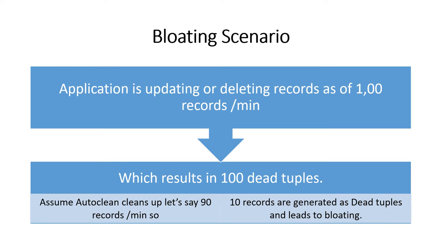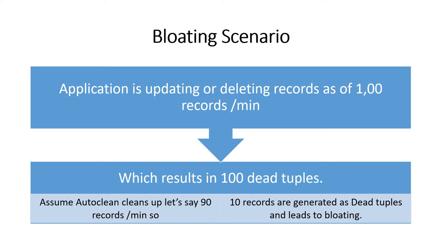Let us see a bloating scenario, how actually it happens. I'm just taking the same example again. Our application is trying to update or delete the records in the database, let's say a particular table. In a minute, there are about hundreds of records updated or deleted.